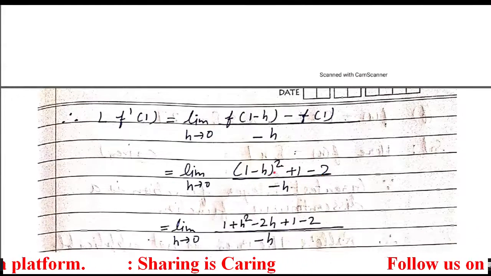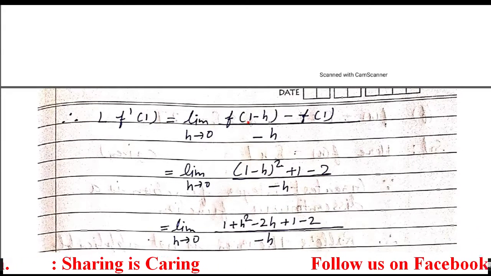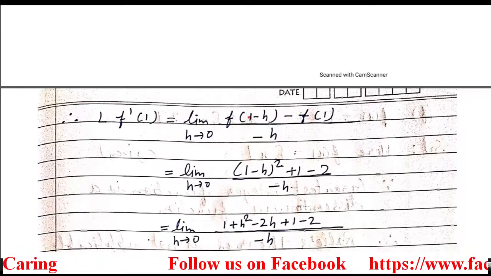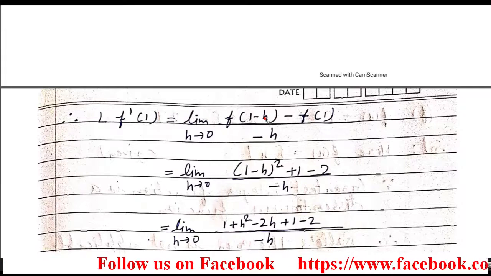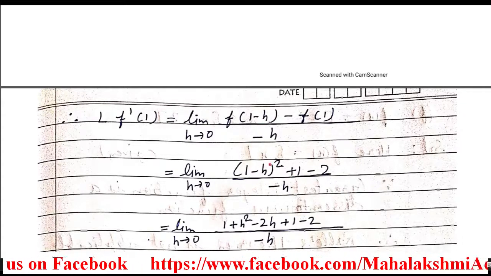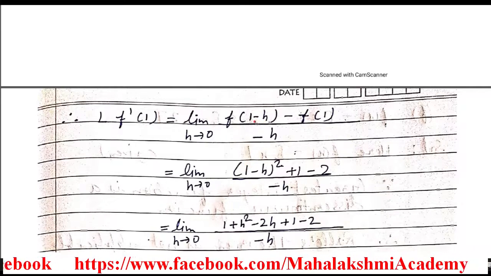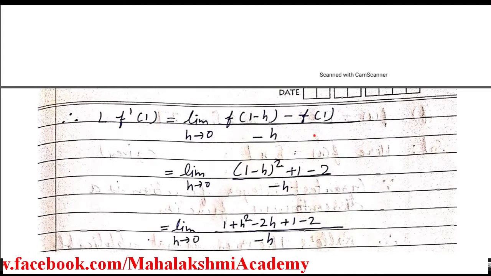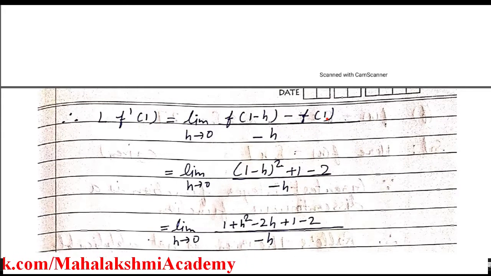I hope it's clear to you. First we selected the function for values less than 1. 1 minus h means less than 1, so the value of the function is x square plus 1.